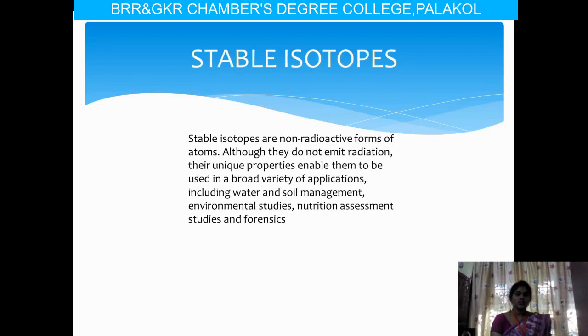So the main difference between stable and radioactive isotopes is the emission of radioactivity. Radioactive elements can emit radioactivity, but stable isotopes do not produce radioactive forms. That is the only difference, but the applications are the same for both, dealing with different branches of applications.